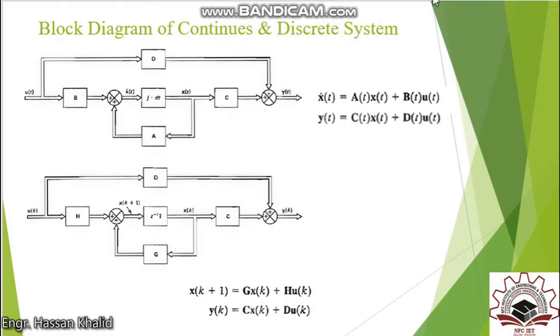Now let us draw the comparison between the block diagram of a continuous and a discrete system. In the continuous system, the state vector is x of t, whereas in the discrete system it is defined by x of k. Also, in the continuous domain we use integration, and in the discrete domain we use the z transformation.